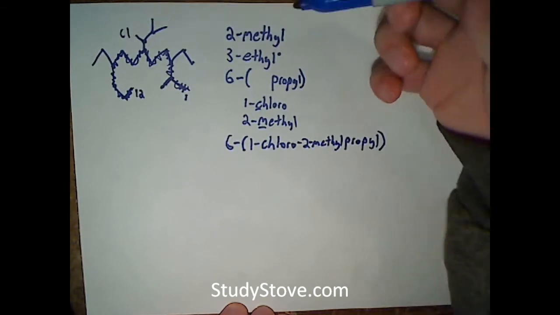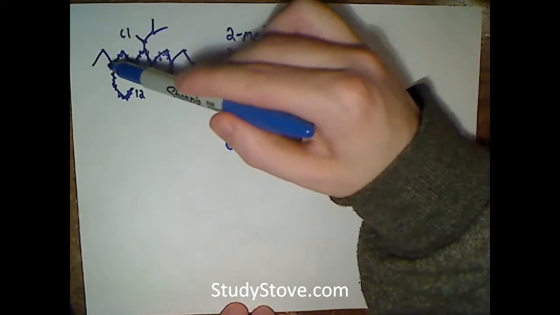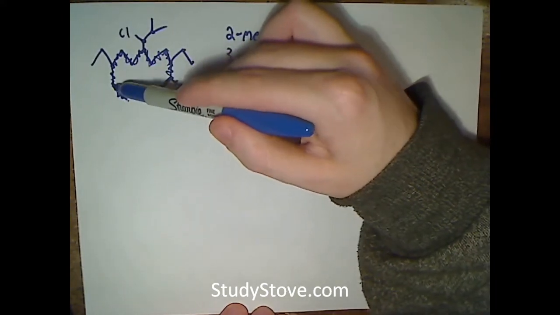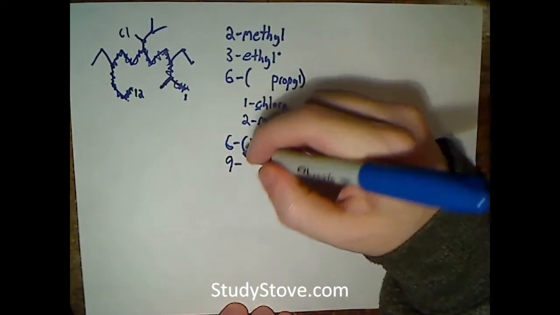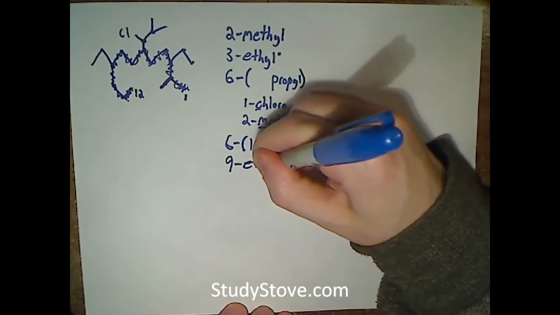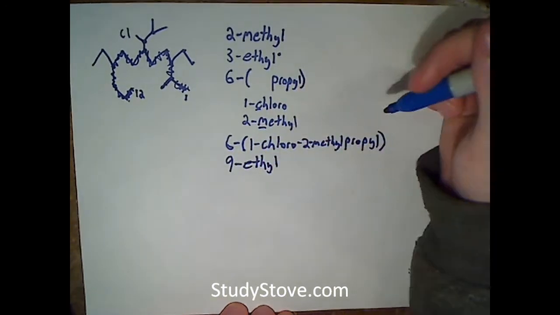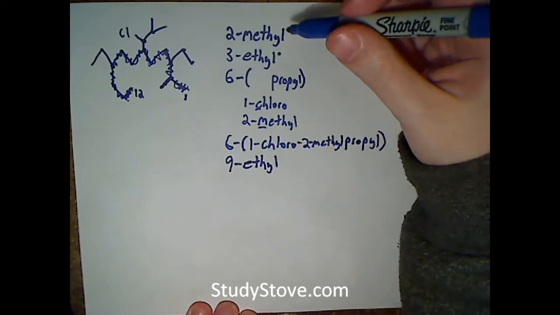Hope that made sense. Okay, and we also have on carbon 9 an ethyl group again. And now I'm just going to put these all together, and we go by alphabetical order.